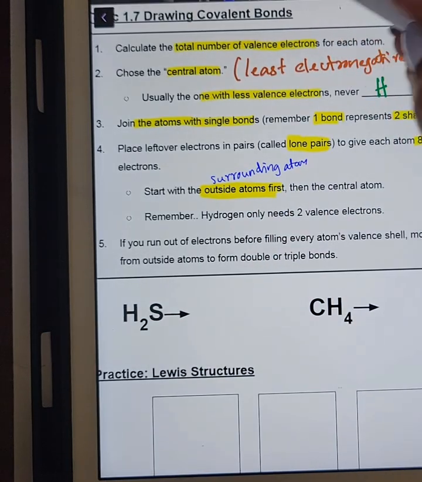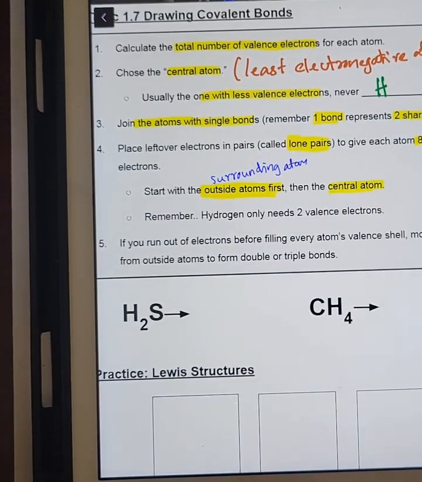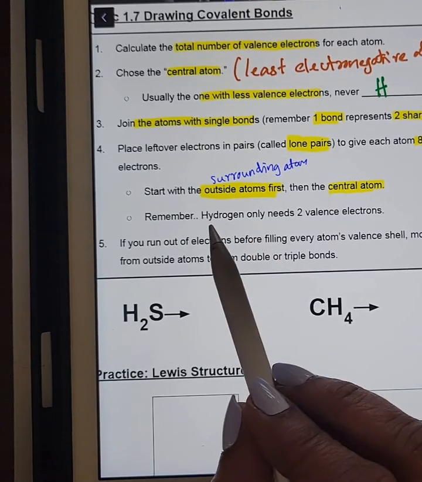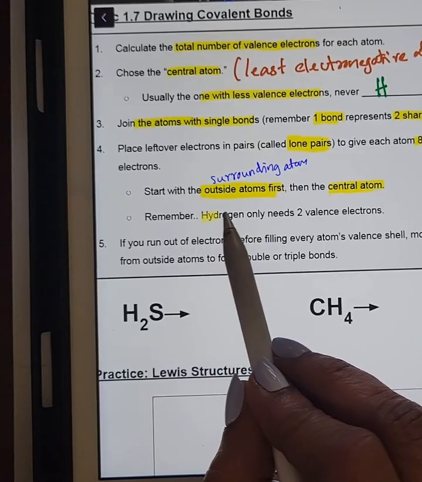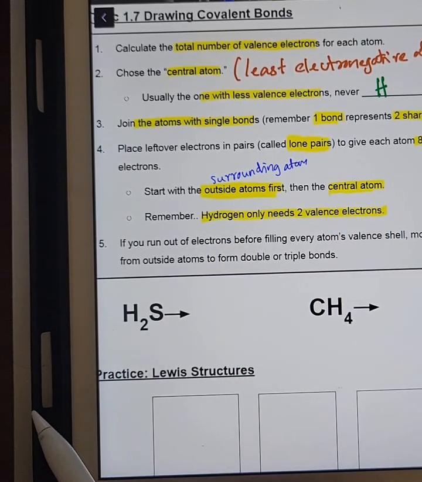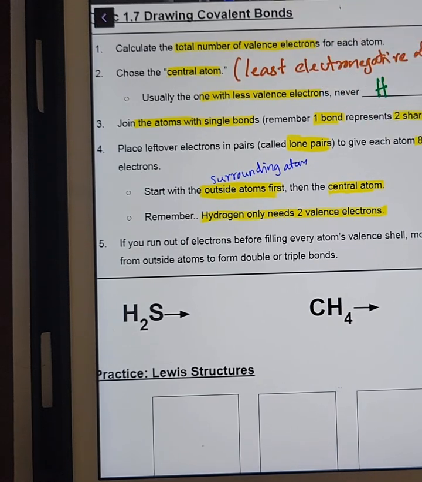Then fill the central atom. We know that they are sharing electrons to get the octet, and remember the exceptions: hydrogen, boron, beryllium. Hydrogen needs only how many electrons? 2 electrons. And if it is beryllium, it needs only 4, and if it is boron, it needs only 6.